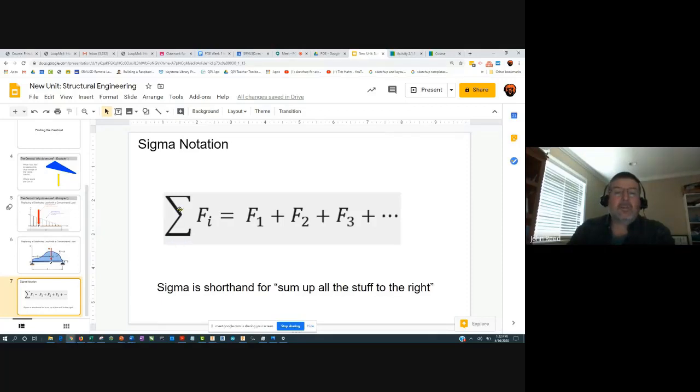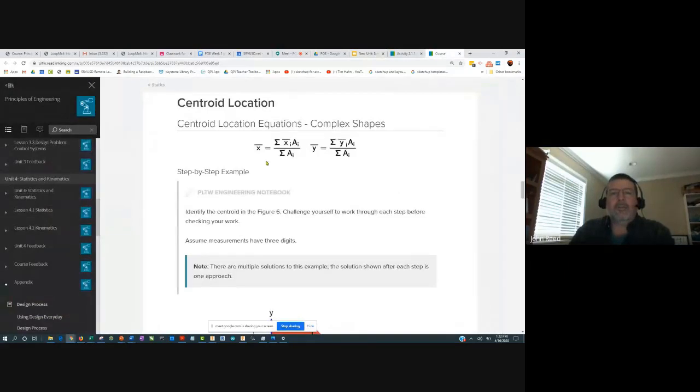Rather than say sum all the forces f sub i in words, we just have this symbol. So it's kind of par for the course for math, right? So that's what the capital sigma means. Okay, as we come back here, so here's our formula for the centroid coordinates of a more complex shape.